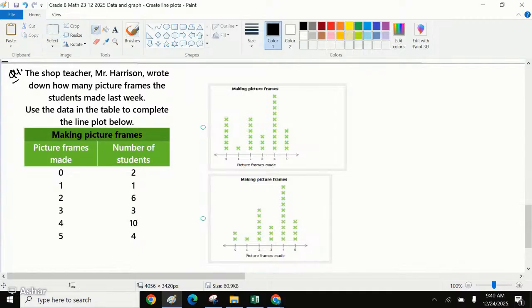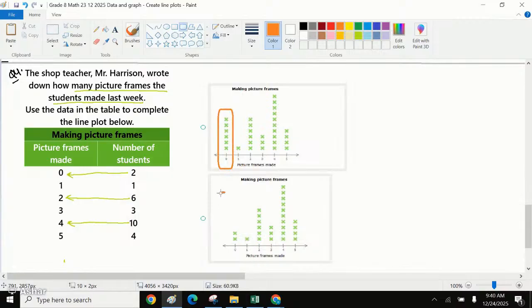The first thing we need to do is read the question. It wrote down how many picture frames were made by students last week. So that means 2 students made none, 1 student made 1, 6 students made 2, 3 students made 3, 10 students made 4, right? So we can already see the difference in this value.